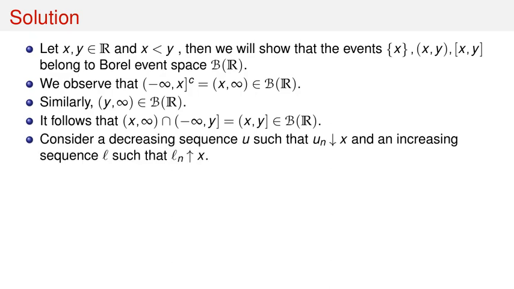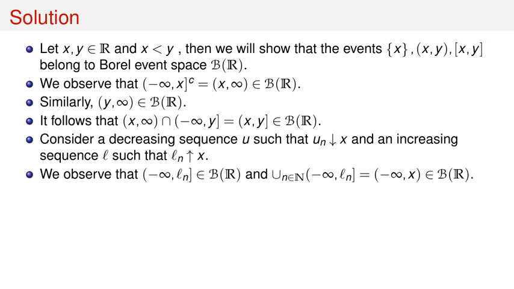Now consider a decreasing sequence u_n that converges down to x and an increasing sequence l_n that converges up to x. We observe that for each n, the interval from minus infinity to l_n closed is in B(R).